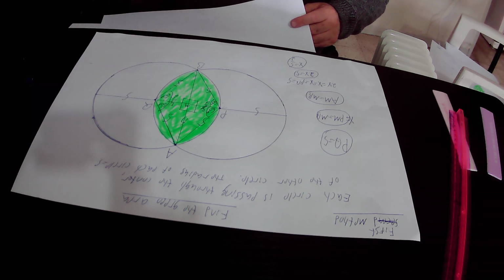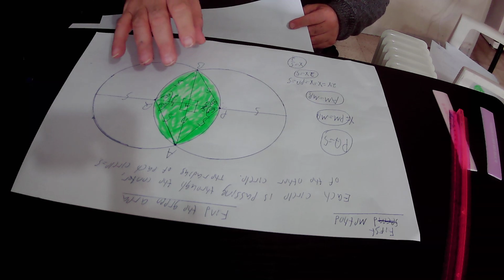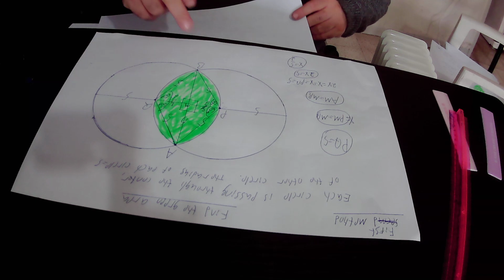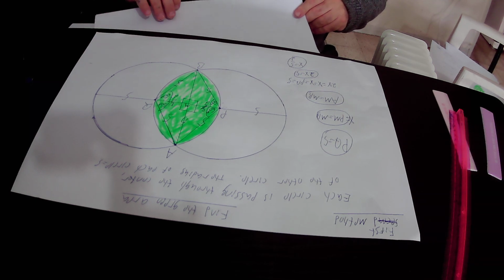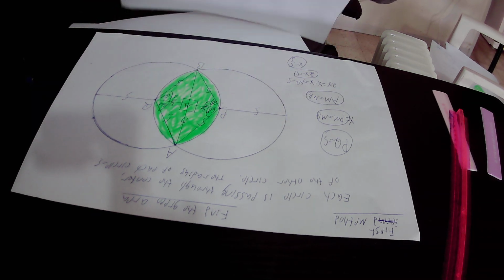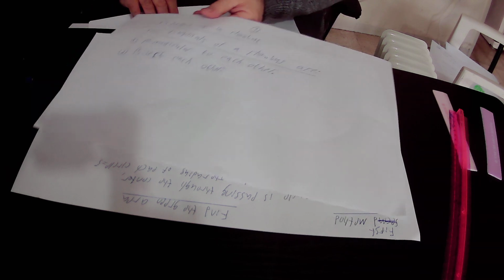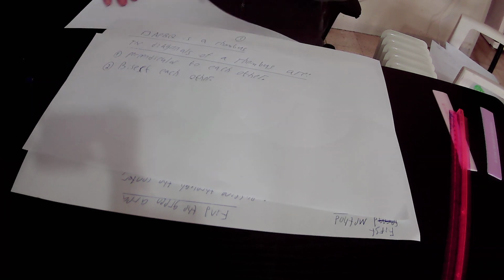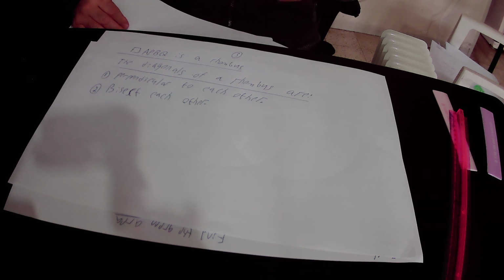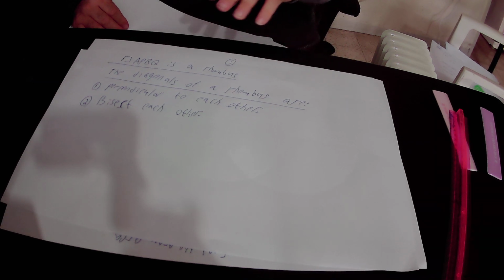A rhombus is a quadrilateral in which all of its sides are equal to each other, and you can see AP equals PB equals BQ equals AQ equals 5 units. All the sides of a rhombus are equal to each other. In our case, they are equal to 5 units.